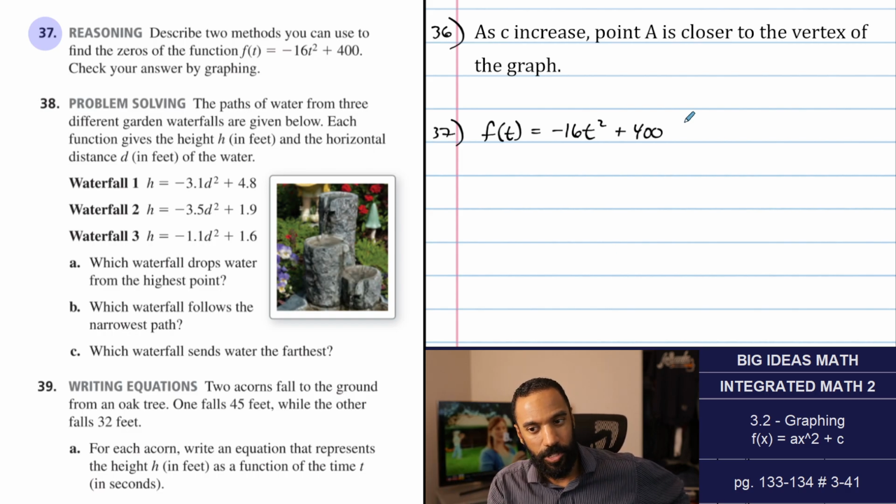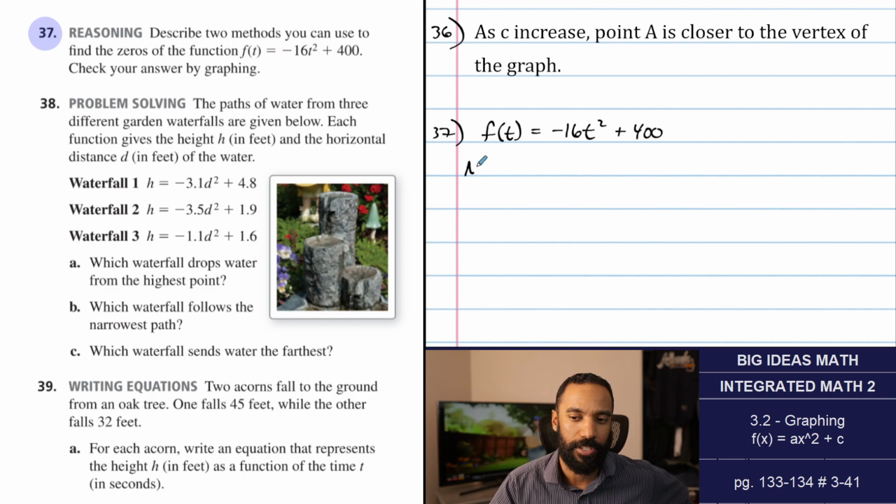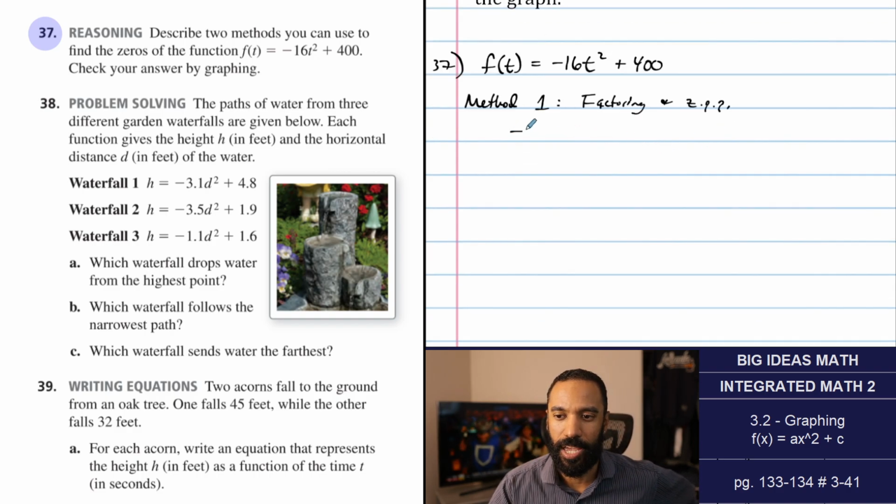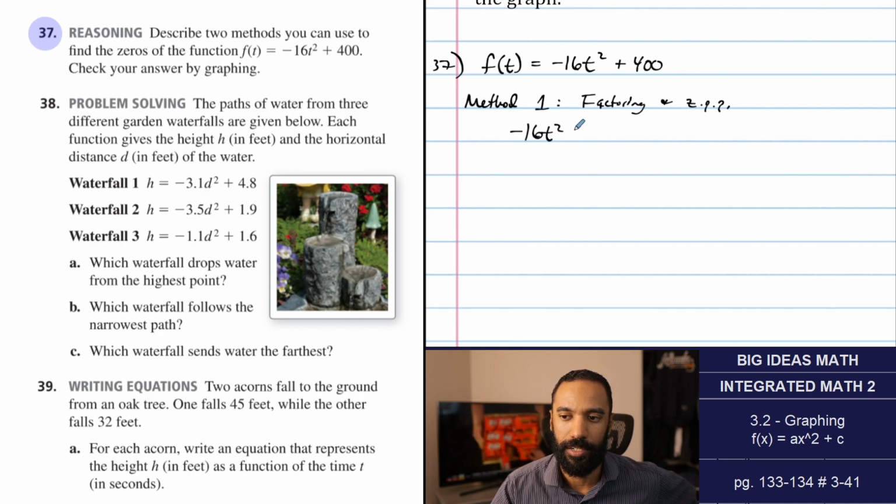So method 1 is factoring and the zero product property. We need to find where the zeros are, so we set this equal to 0. Negative 16t squared plus 400 equals 0.